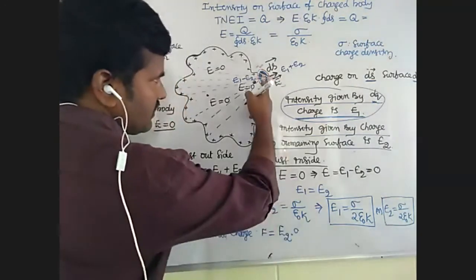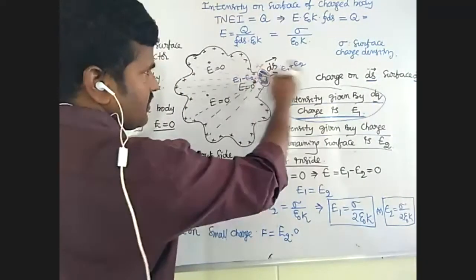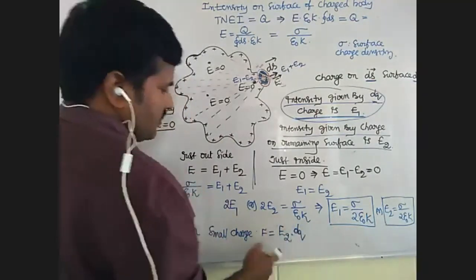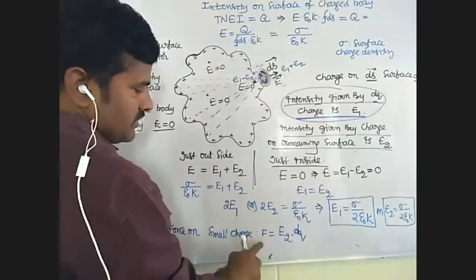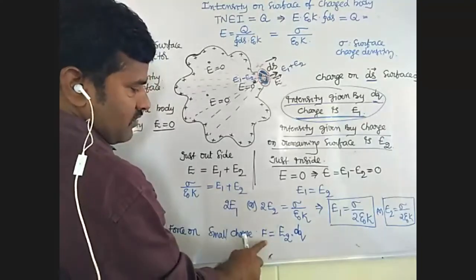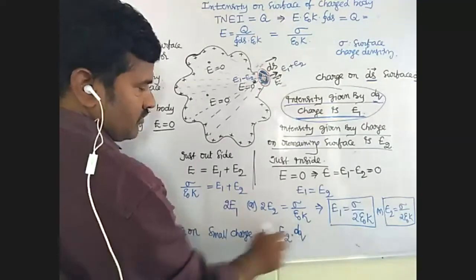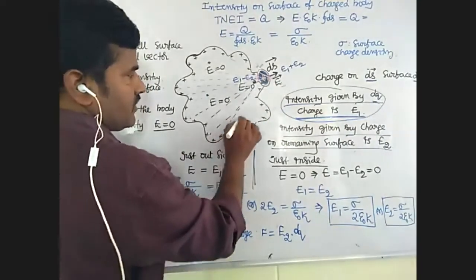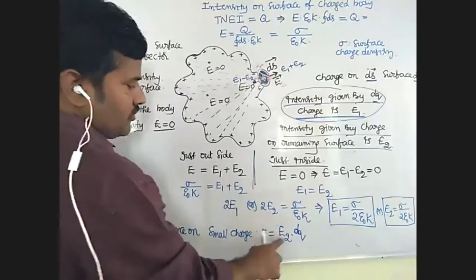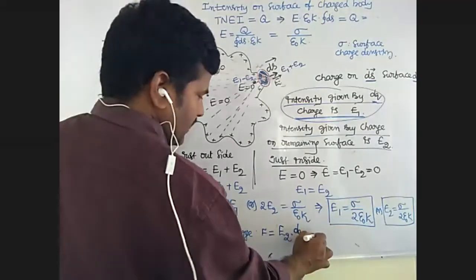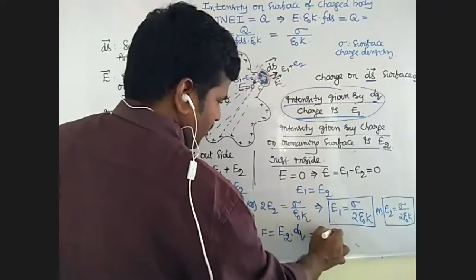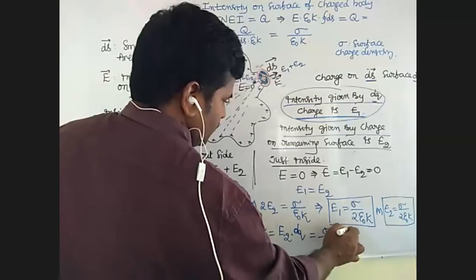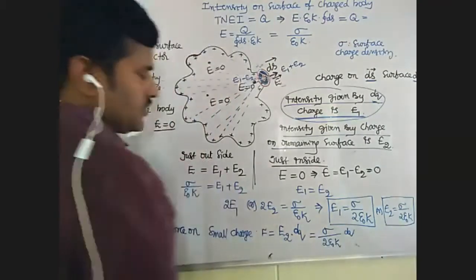Here the charge is dq, on a small surface element ds. Intensity times charge is nothing but force. F equals E2 into dq. Every charge is repelled, so E2 into dq is written as sigma upon 2 epsilon naught k into dq.